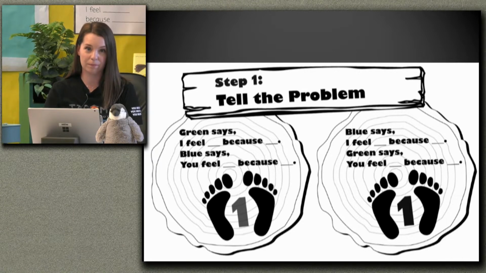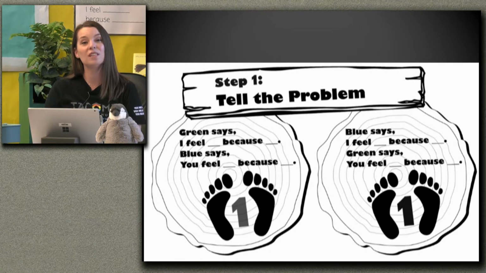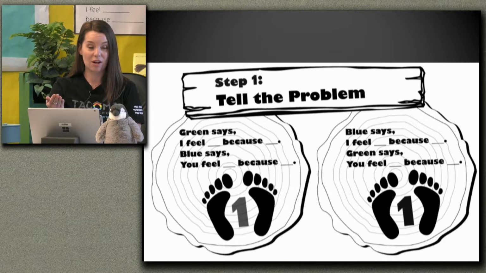The other important part of telling the problem is that the other person says it back: you feel because. That way I know that the other person has understood what I've said, and that person knows that they understand how I feel. So the first step is tell the problem.